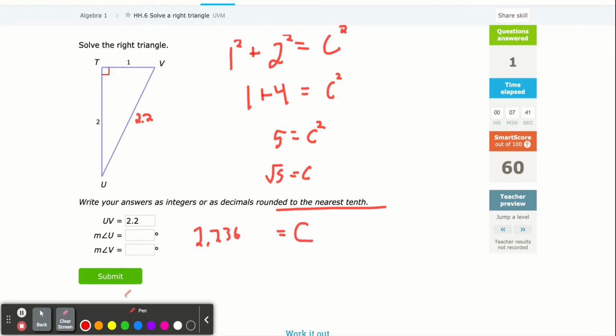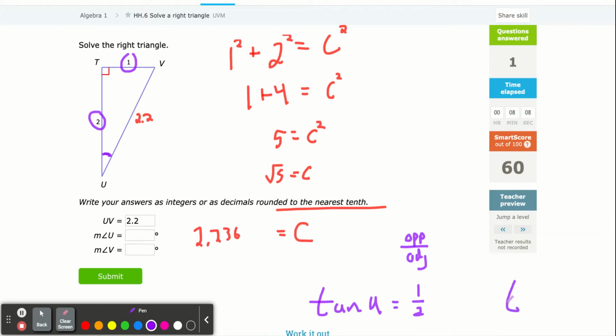So let's find angle U. If I'm going to find angle U, I'm going to use the opposite side and the adjacent side. I like the two sides they give us. And what trig function uses the opposite over the adjacent? That is the tangent function. So the tangent of U is equal to 1 over 2.